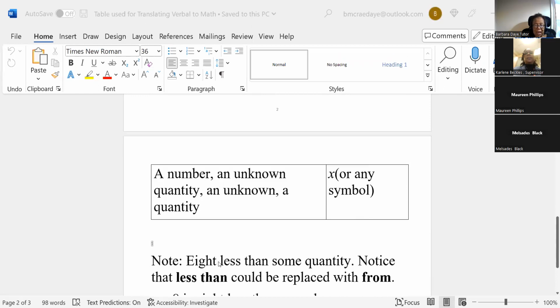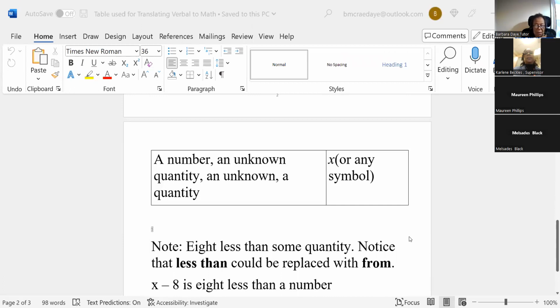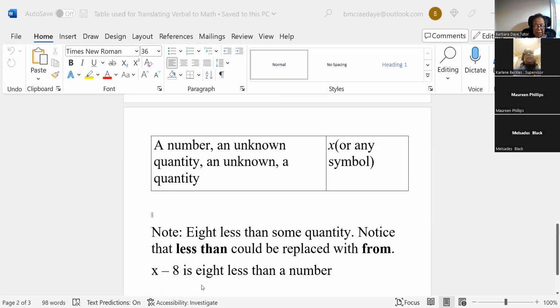Now, when you see 8 less than some quantity, this is one that sometimes you get mixed up. All that means is you're subtracting. When it says 8 less, you're subtracting that number from something. So less than could be replaced with from. So X minus 8 is 8 less than a number.